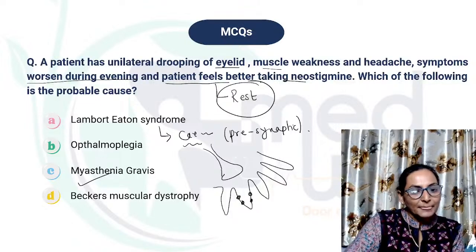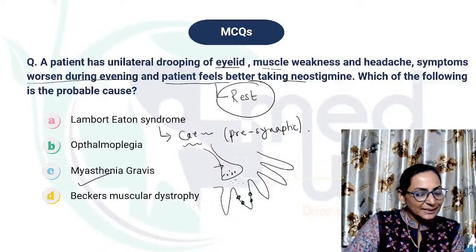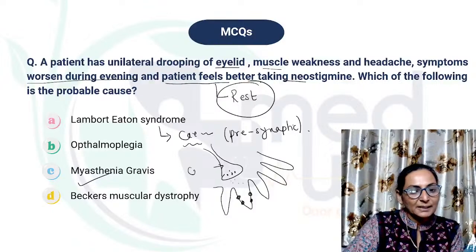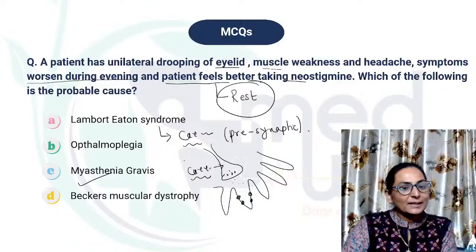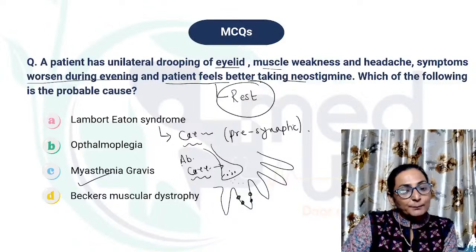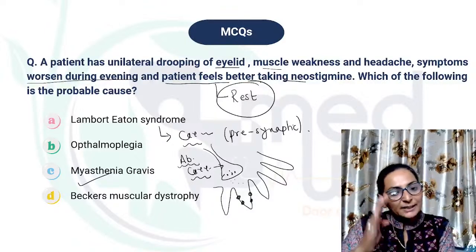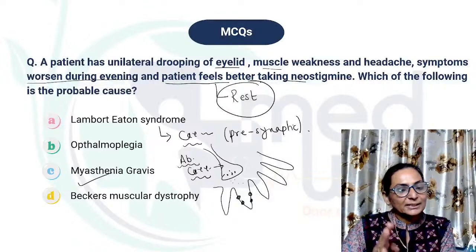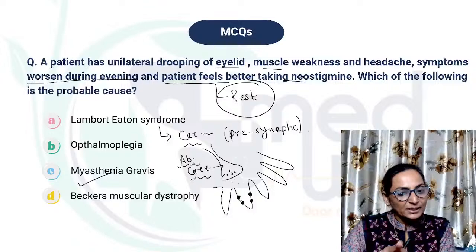Towards the motor neuron there are vesicles which will be released, which contain acetylcholine. Here there are voltage gated calcium channels. So when there are antibodies presynaptically, that is against the voltage gated calcium channels, there is Lambert-Eaton syndrome, and when there are antibodies against the nicotinic cholinergic channels on the postsynaptic side, it is myasthenia.